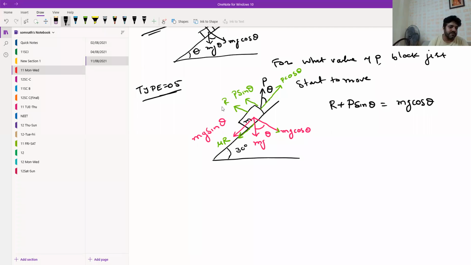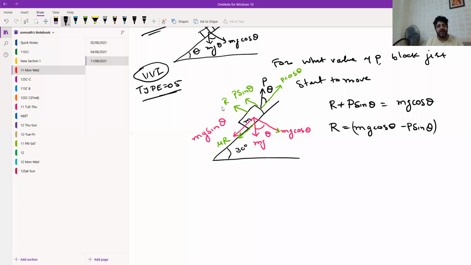Yes or no? Yes, sir. So from that, I can get the value of normal reaction: mg cos theta minus P sine theta. And believe me, this one is very, very important. Even in terms of theory, in a school exam they can give it to you.